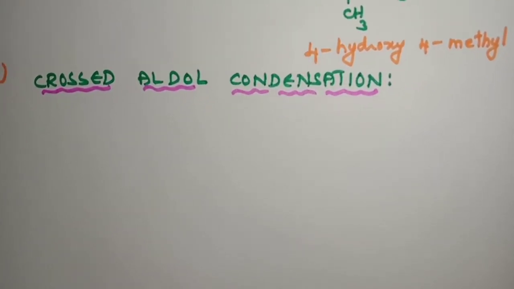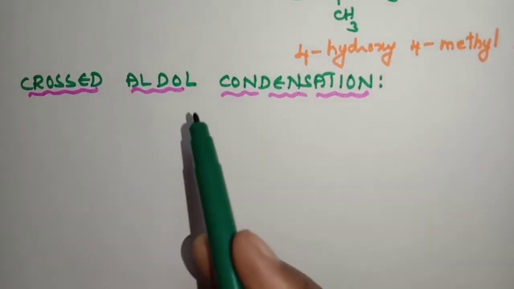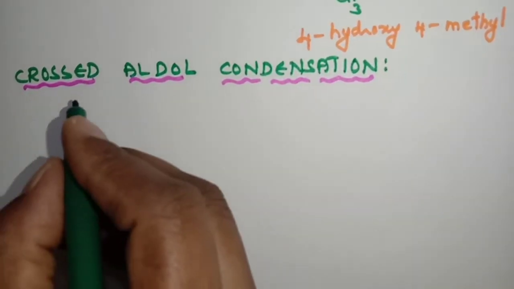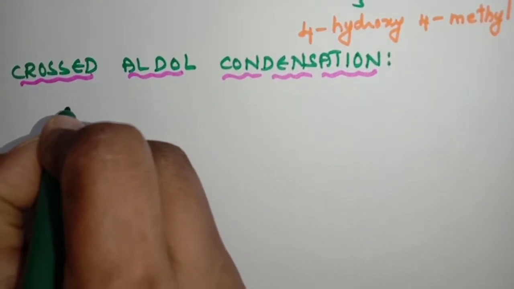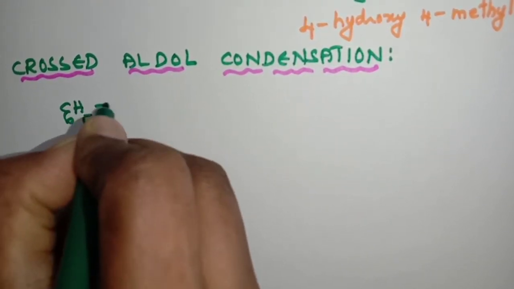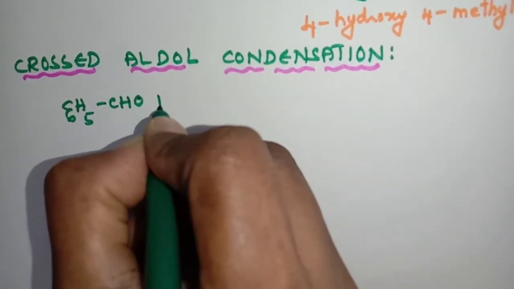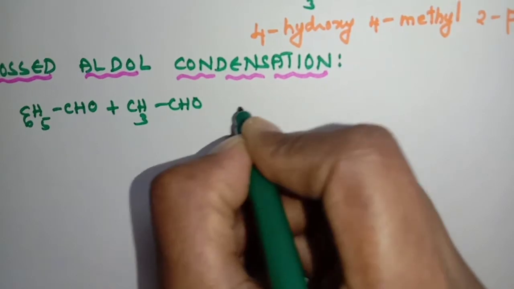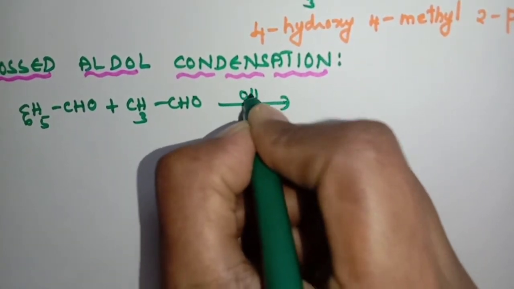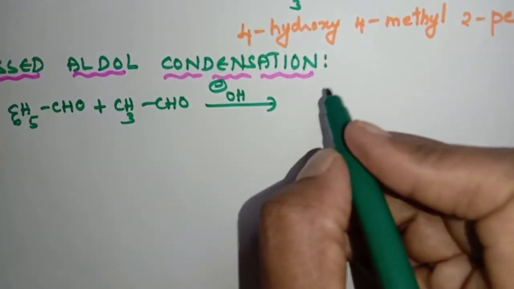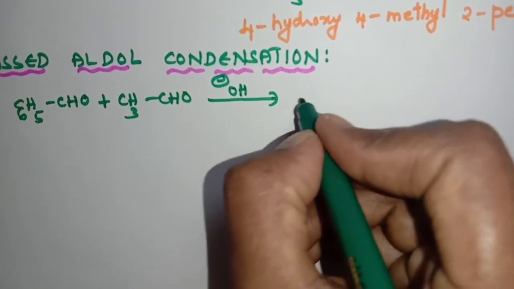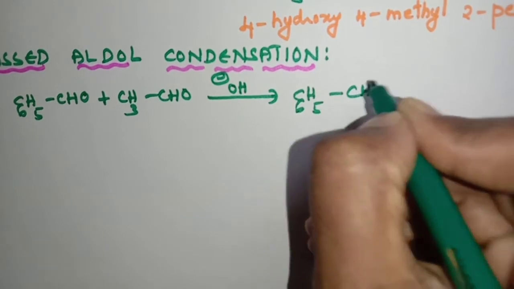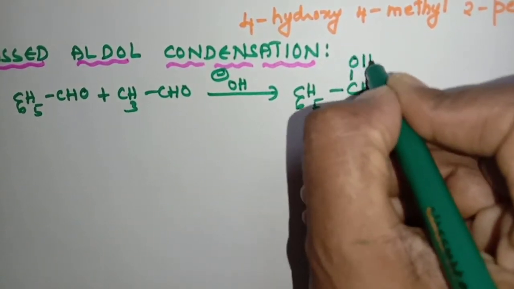If the two molecules are different, then it is called crossed aldol condensation. Writing the example for you here. The two molecules, one is benzaldehyde, the other one is acetaldehyde. The main important feature of this aldol condensation is, among the two molecules, one should possess alpha hydrogen. Then only they can undergo aldol condensation.